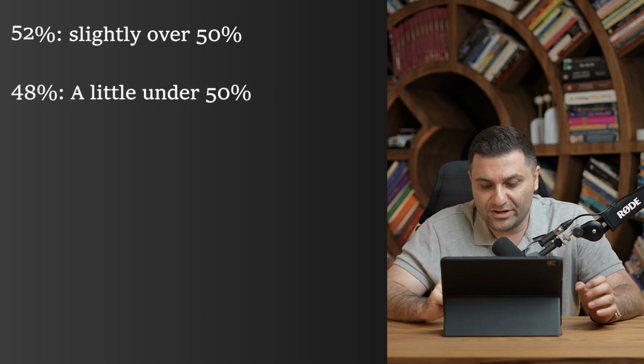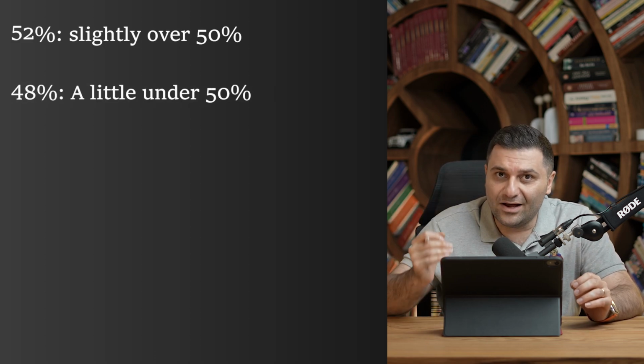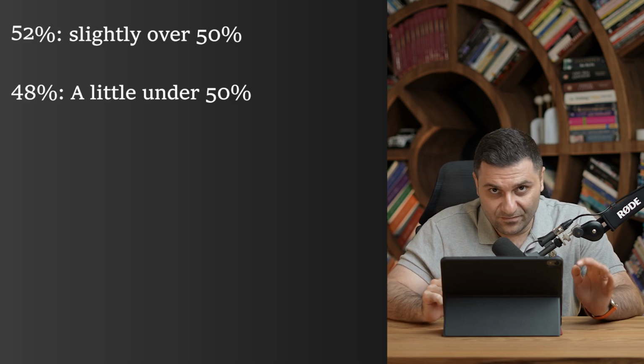Now let's work on some examples. For example, 52 persons. You can simply write 52 persons, but you can change it to say slightly over 50 persons. So it sounds much better, right? Or 48 persons. You can write a little under 50 persons.